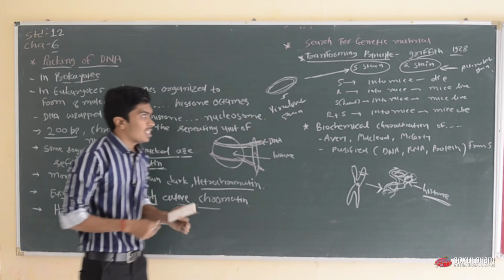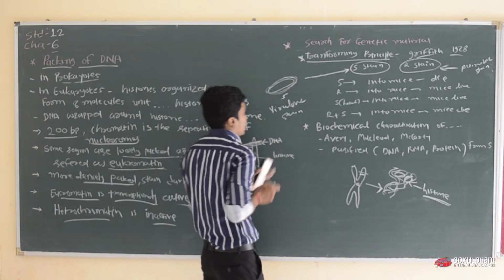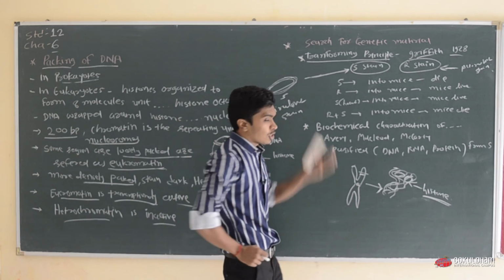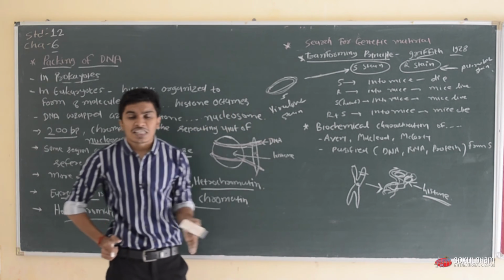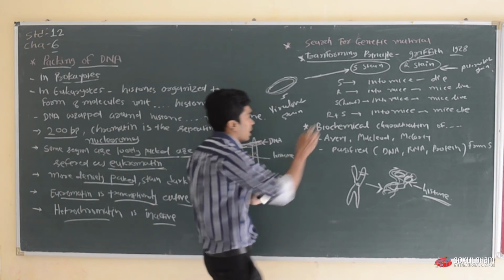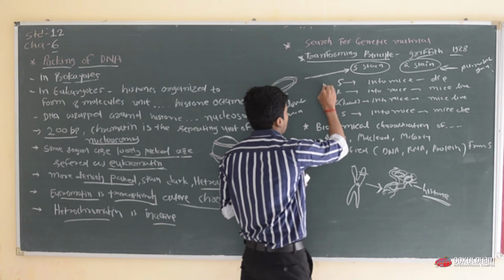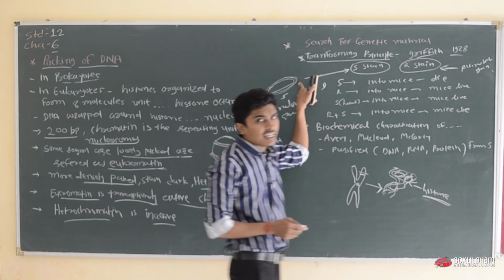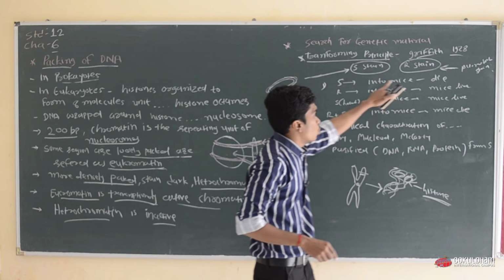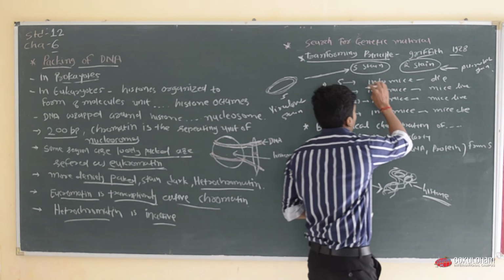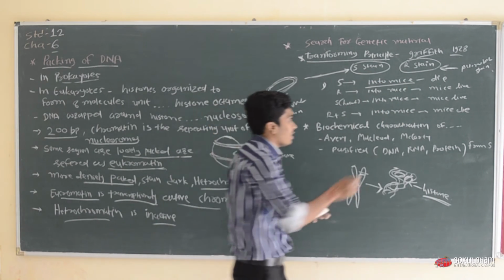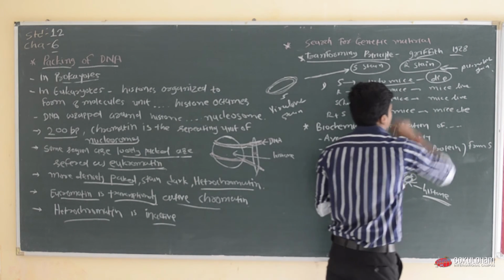Now what he does, we know that he took two different strains of the bacteria and introduced them into mice. First he introduced the smooth strain bacteria, having a shiny layer around them, into mice. We know that this bacteria is virulent, so what will happen? The mice will die.